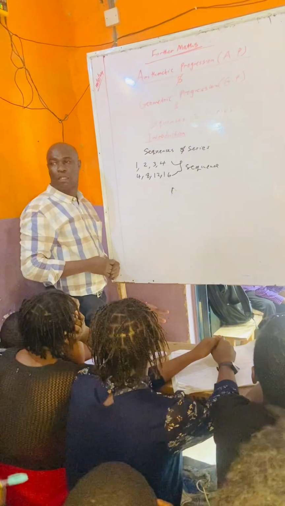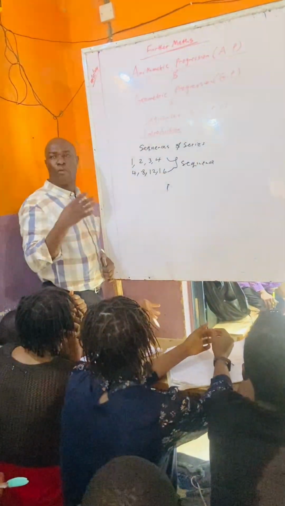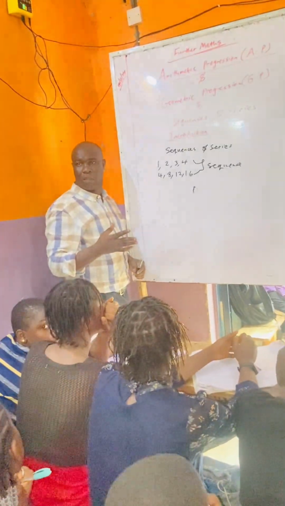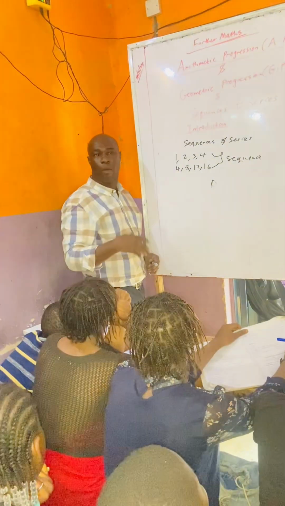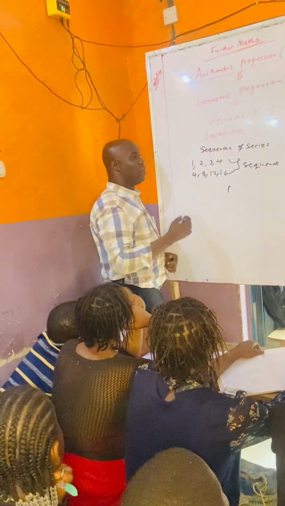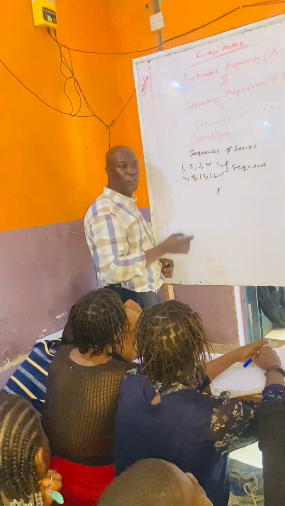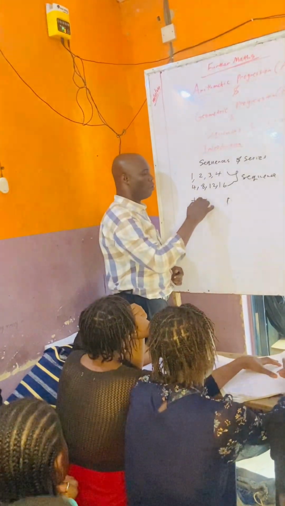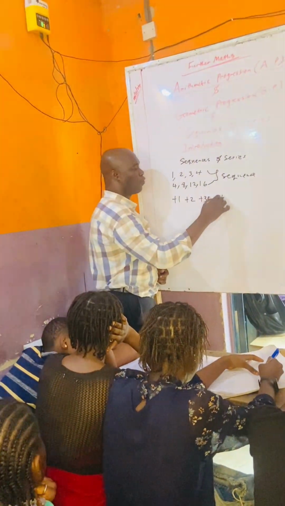But for series, there is going to be a sign there. Usually, it can be plus or minus. It's also in an orderly pattern, but the only difference is going to be the sign. Like if I'm having plus 1, plus 2, plus 3, plus 4.